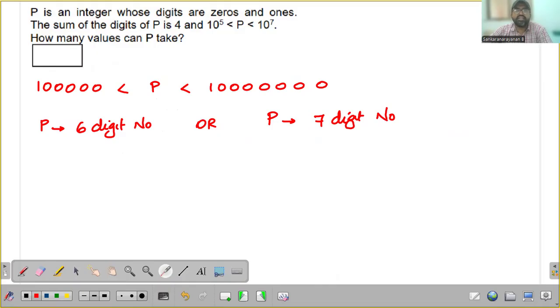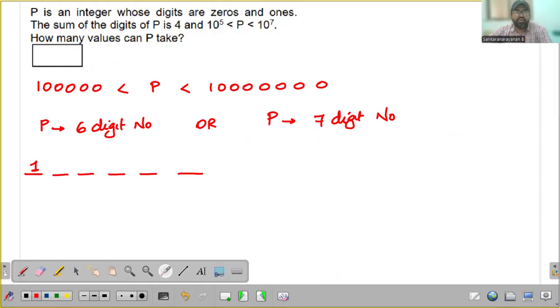Now, 6-digit number. Let's see what is happening. 1, 2, 3, 4, 5, 6. Definitely, it should start with 1. Got it? It should start with 1. It cannot be 0. All the digits you are considering are either zeros or ones, and the sum of the digits of this 6-digit P is given to be 4.